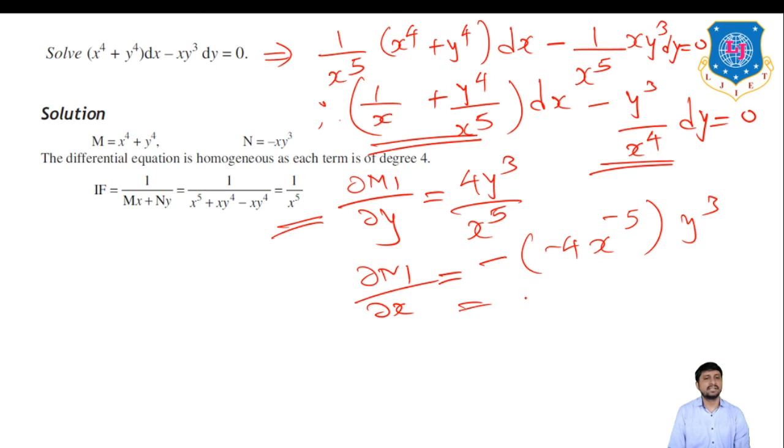So finally you will get 4y cube upon x raised to 5. So both are clearly the same.